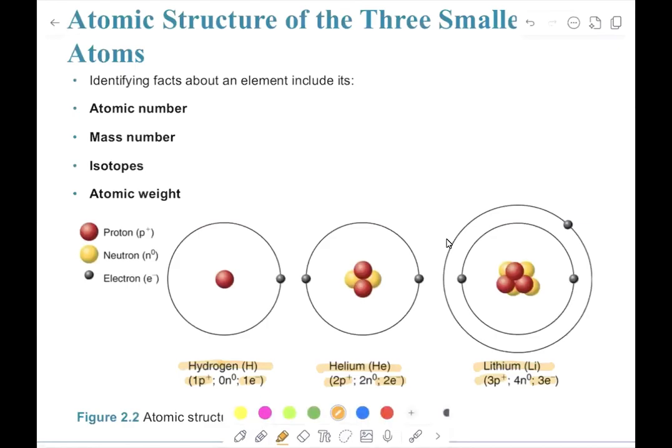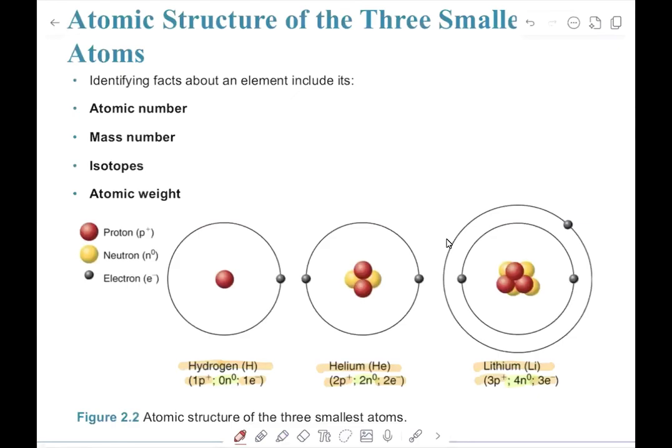The number of neutrons, again, is not going to correspond to protons or electrons. It just so happens hydrogen doesn't have any, helium has two, and lithium has four. So again, these are very important terms for you to know, and you'll be asked these on the exam.